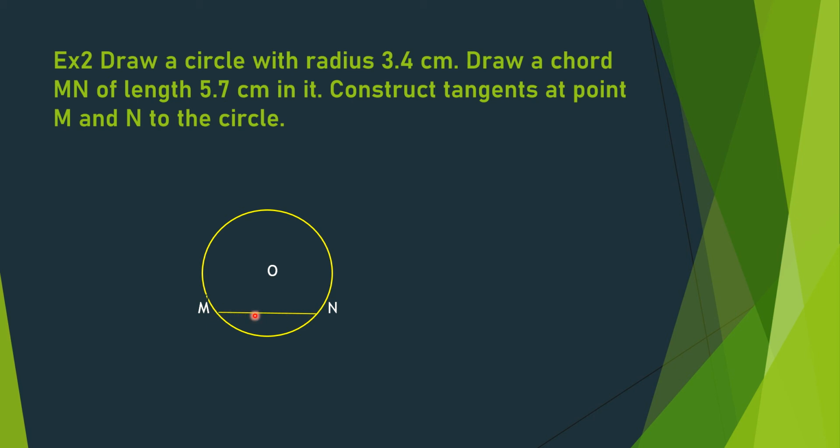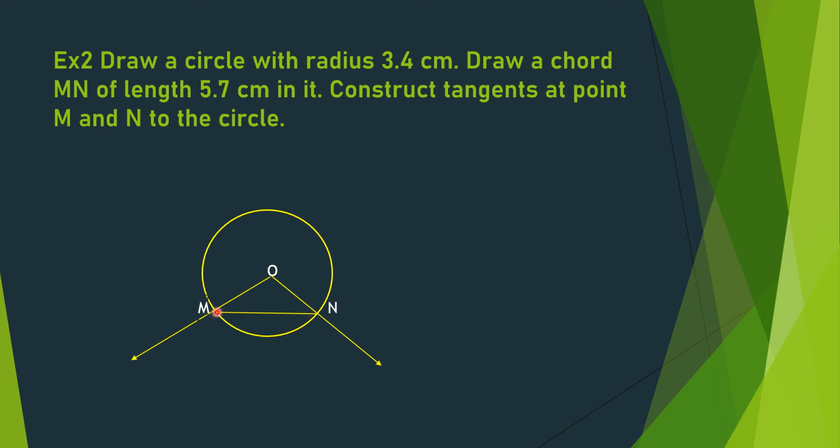This is called a chord MN having length 5.7 centimeter. Now we have to draw tangents from point M and from point N. So join MO and NO with the ray.